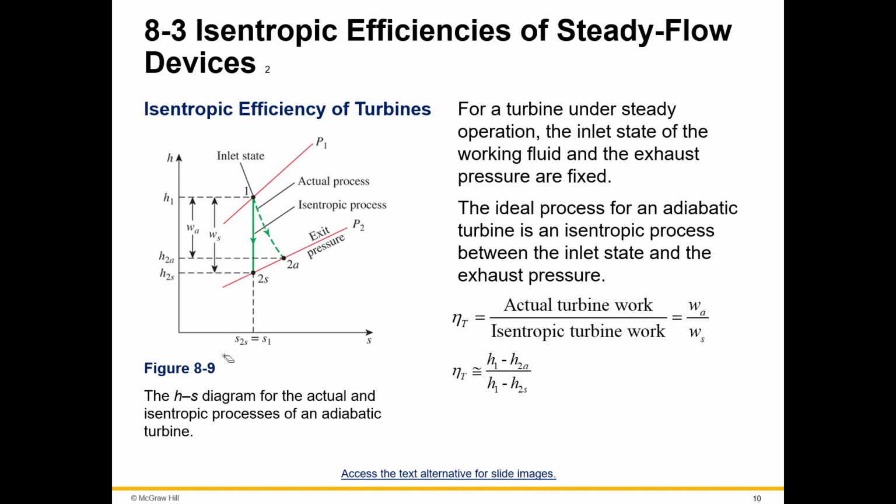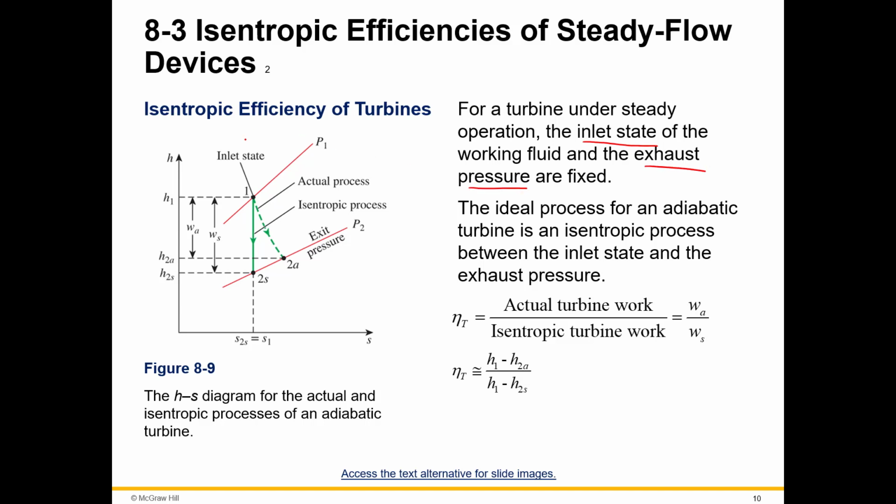Okay. Isentropic efficiency of turbines. So this is just graphed on an HS diagram for an adiabatic turbine. For a turbine under steady operation, the inlet state of the working fluid and the exhaust pressure are fixed.